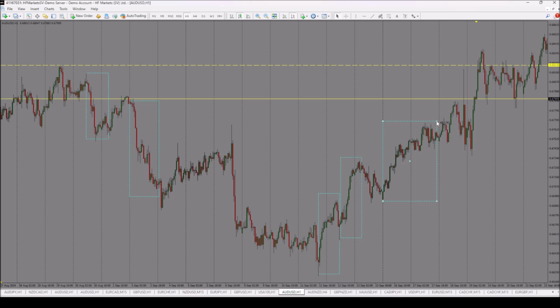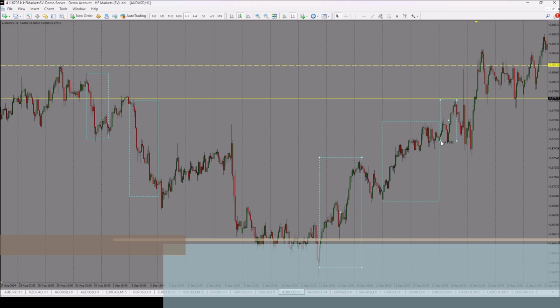At this particular point, what do we see? We can see 3 impulses, or basically 3 levels to the upside, but we can actually count them as days of rise. Like in this case, this was a day of rise, and we had the last day of rise, which ended up as an M pattern.